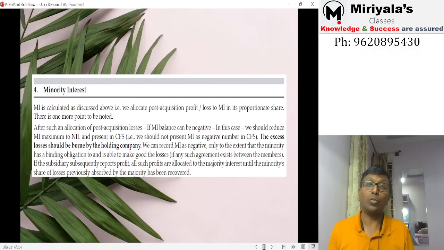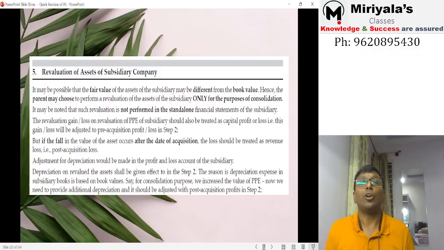It cannot be negative unless the minority shareholders are liable to pay you as per any special agreement or as per the law. Otherwise minority interest should be zero. If there is a minus of 200 rupees, it cannot be shown as minus 200. That minus 200 should be borne by the parent company as per Accounting Standard 21.